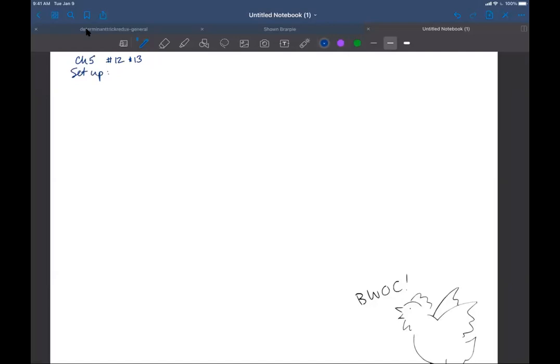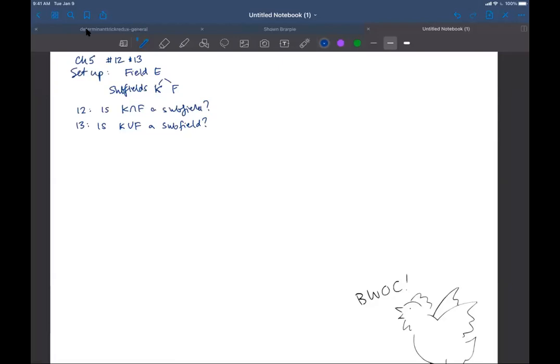The setup is we've got a field E, and we've got subfields K and F contained in E. And we want to know in 12, is the intersection a subfield? If so, prove it. If not, give a counterexample. And in number 13, we want to know, is the union a subfield of E? If so, prove it. If not, give a counterexample.